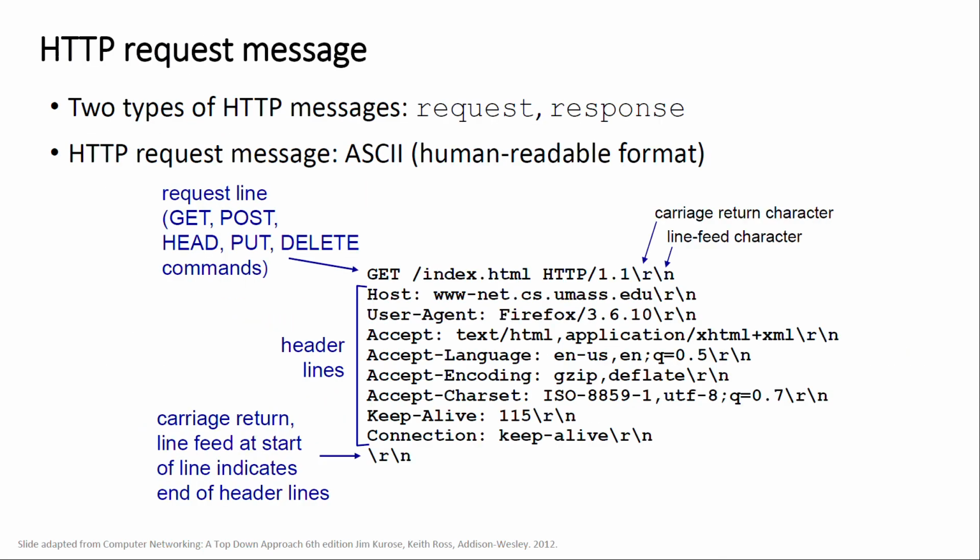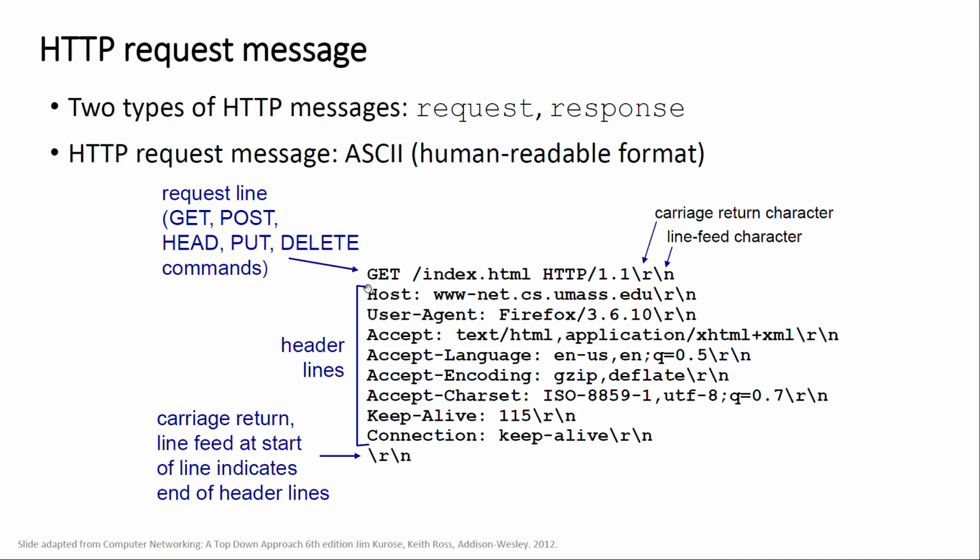So what kind of HTTP messages are we sending? There are 2 types of HTTP messages, request and response. An HTTP request message is in ASCII format, which is a human readable format. The first line is the request line. It might start with GET, POST, HEAD, PUT, and commands like DELETE.